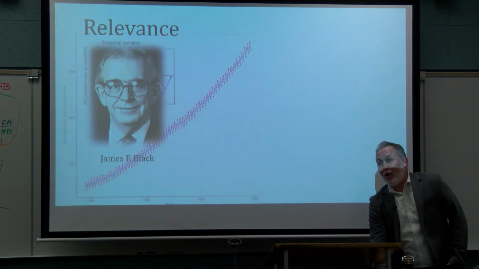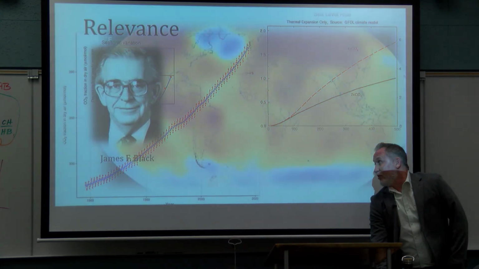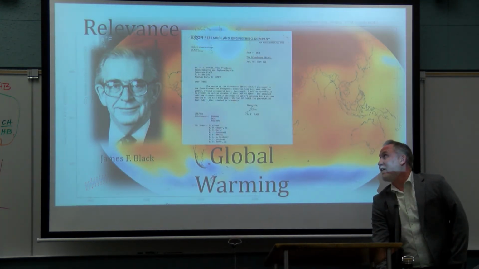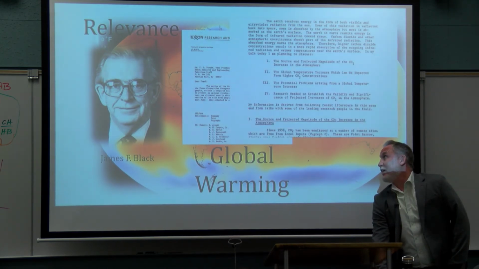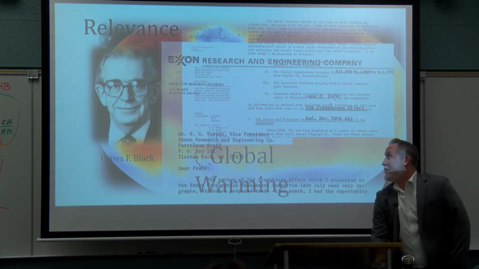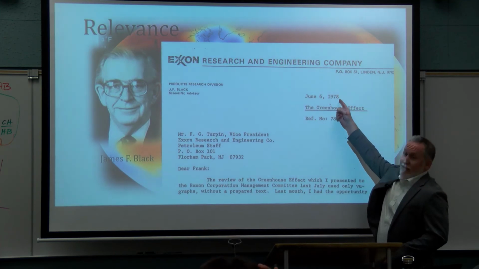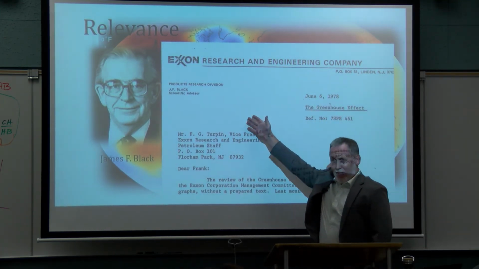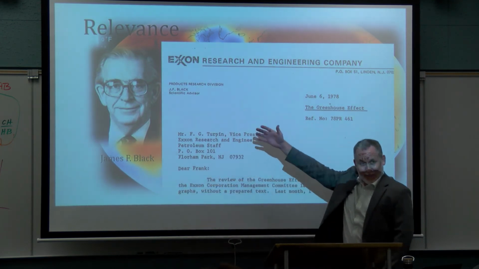And I think something here's somebody that we're not as familiar with, but really is putting us all in quite a stew. James Black was a scientist working for Exxon, and we see here there's a document from 1978 in which he's describing to Exxon executives the dangers of global warming.